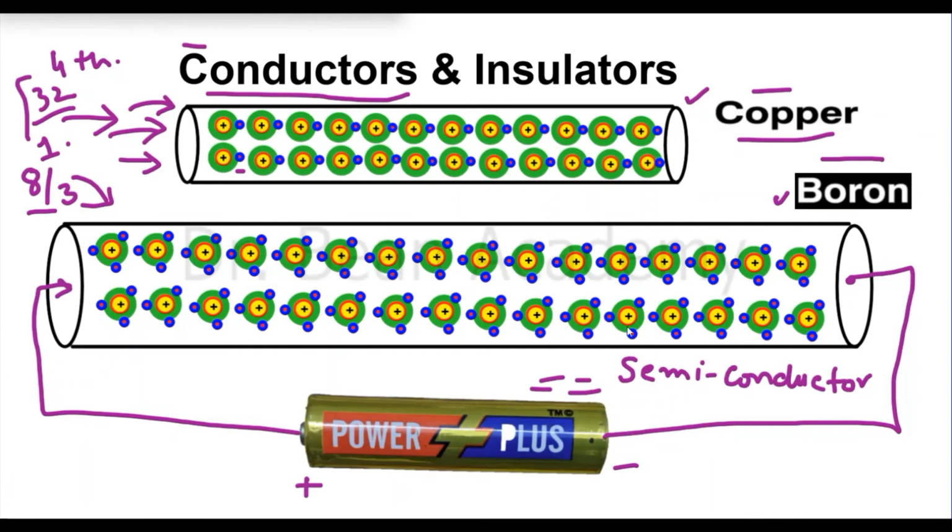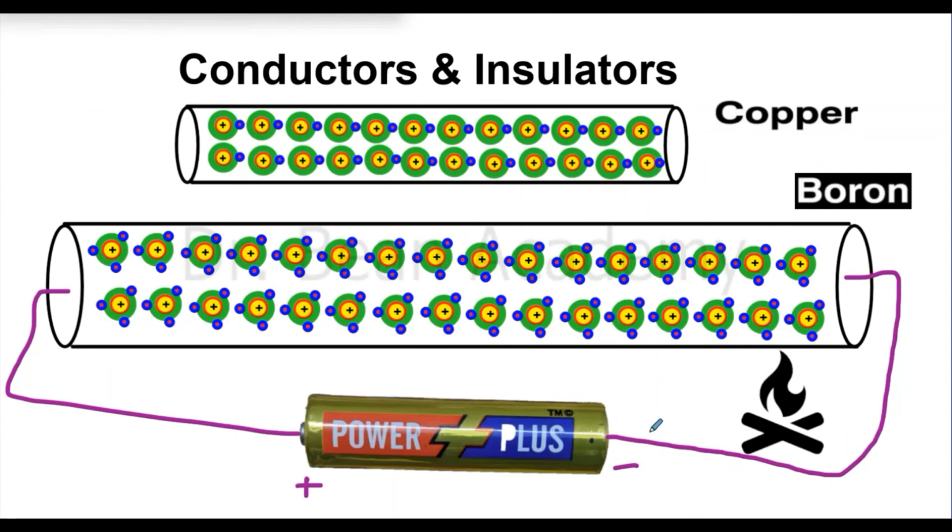But then I can make it a conductor either by applying a very high potential difference, or I can heat it up or give extra energy to these outermost electrons, which are a little bit tightly bound with their nuclei, to detach them from the nuclei, and then they will start flowing and I will get the current. So you see, I have the flexibility to change the conductivity of this material.